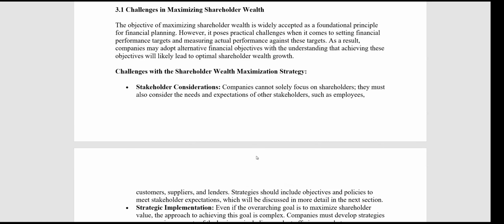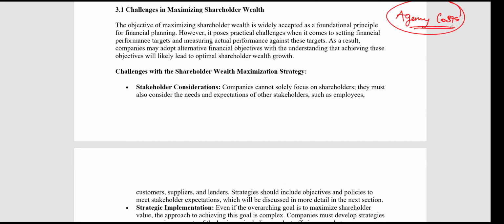So what are some of the challenges that we encounter in maximizing shareholder wealth? The first one is managers. Mostly managers want to maximize their own wealth, you know that, to pay school fees. So agency costs may come into play, right?